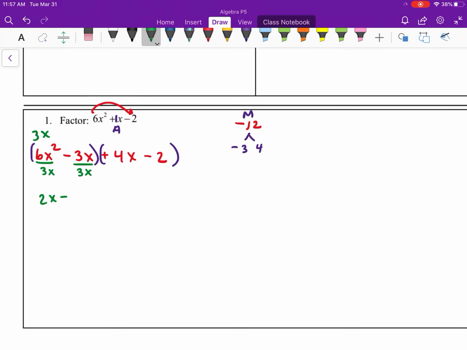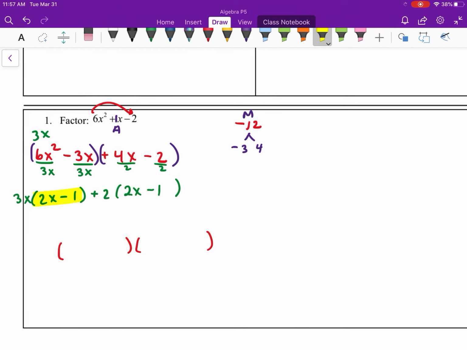So 6x squared divided by 3x is 2x, minus 3x divided by 3x is 1. Put the 3x in front. And then the second group, 4x minus 2, they only have a 2 in common, so I'm going to put plus 2. And then when you divide both of these by 2, you get 2x minus 1.